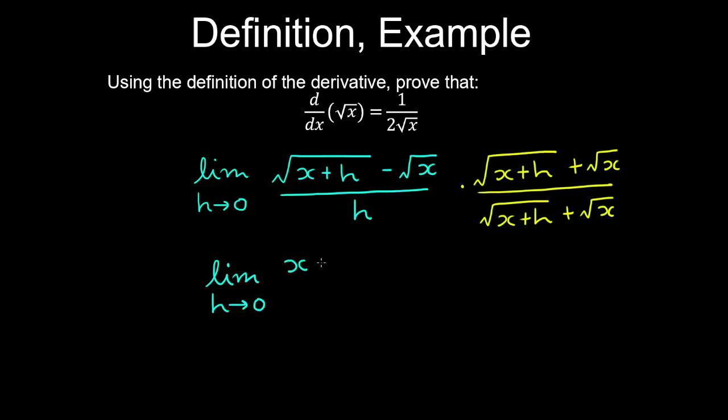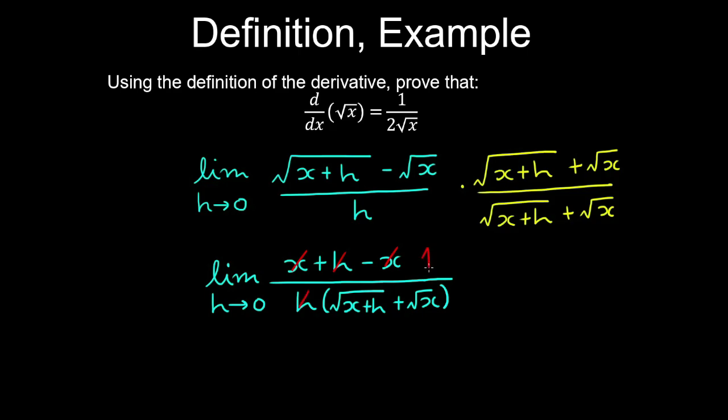So that will be root x plus h by root x plus h, then minus root x by root x, over h, multiplied by the square root of x plus h plus root x. And now we can see that x is going to cancel, and h is going to cancel, so we get 1 in the numerator, and this limit thereby evaluates to 1 over 2 root x when h approaches 0.